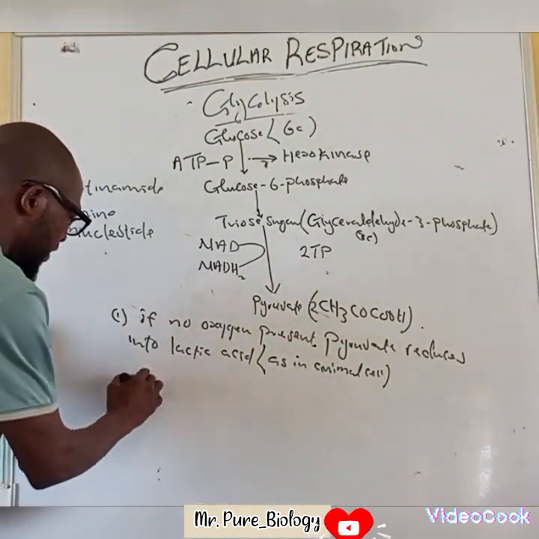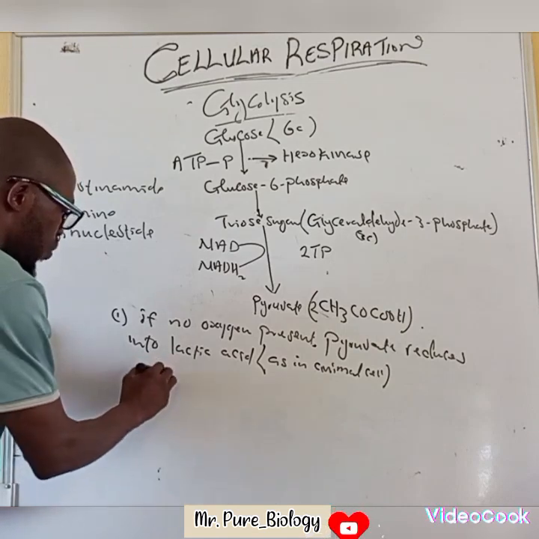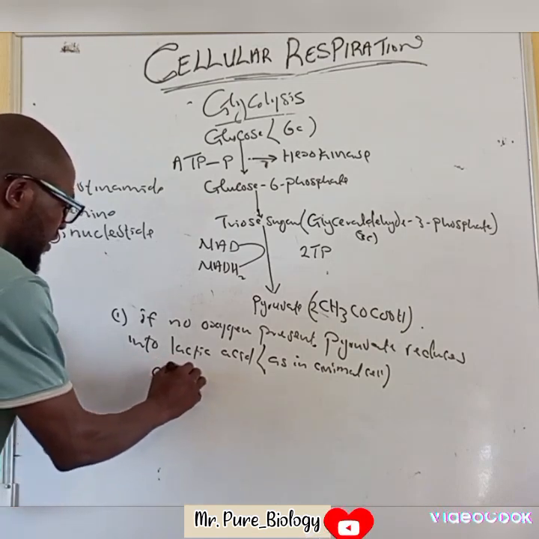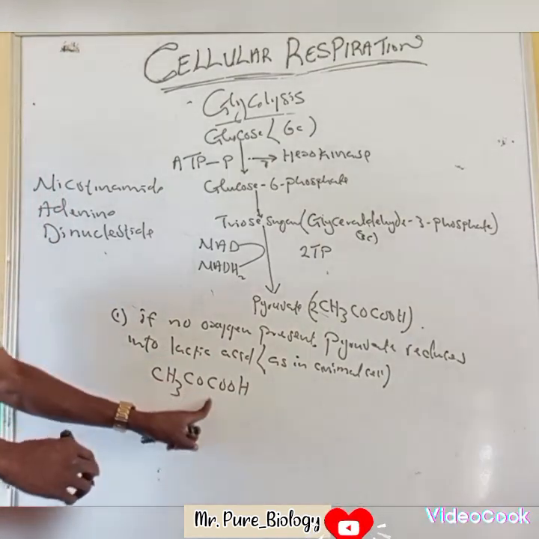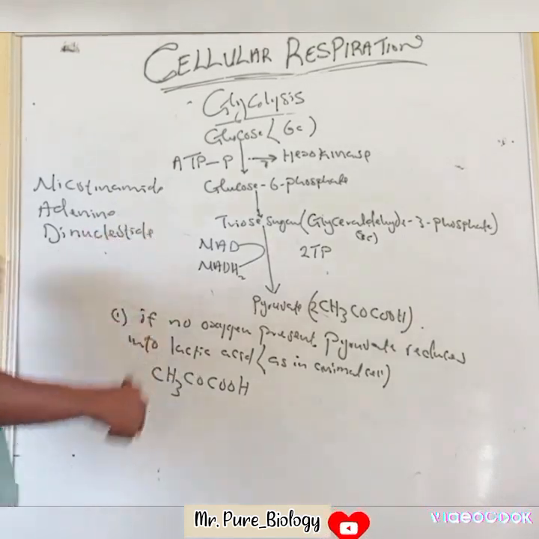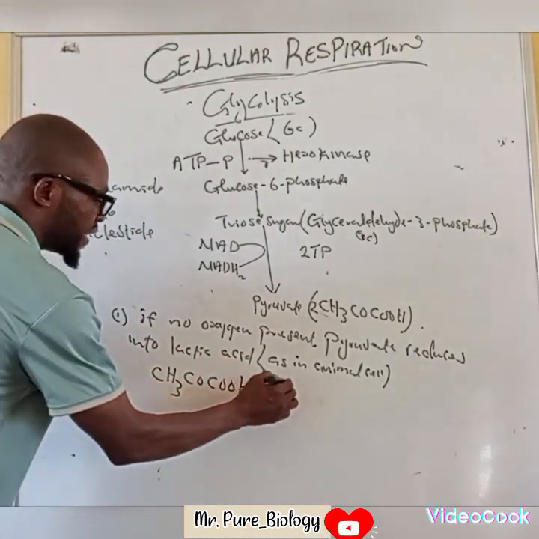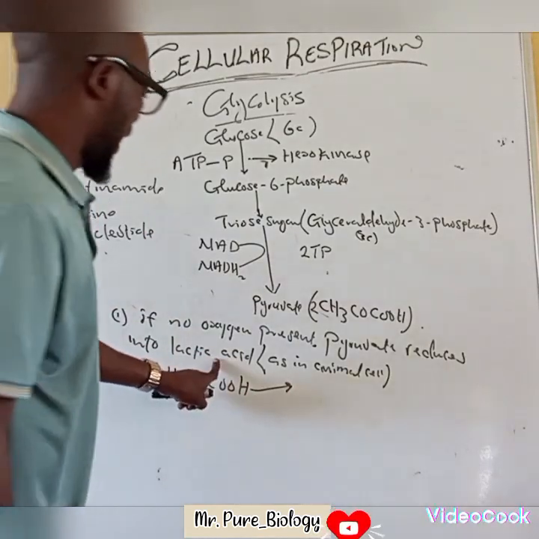You can see that this is the pyruvate, CH3COCOOH. That is our pyruvate. And once there is no oxygen in the muscle cell of an animal, the pyruvate will just reduce to lactic acid.